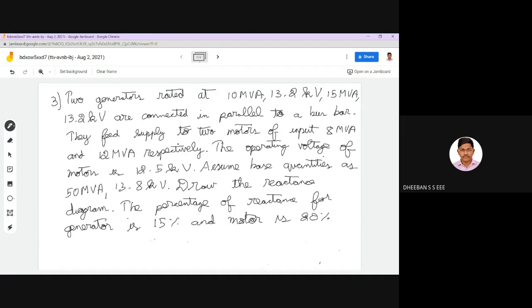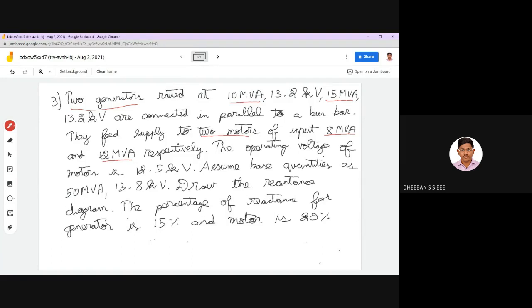So now we will be coming to the problem, and here they have given two generators, rated 10 MVA and 15 MVA, and with respect to the motors, one is rated at 8 MVA and another is rated at 12 MVA.